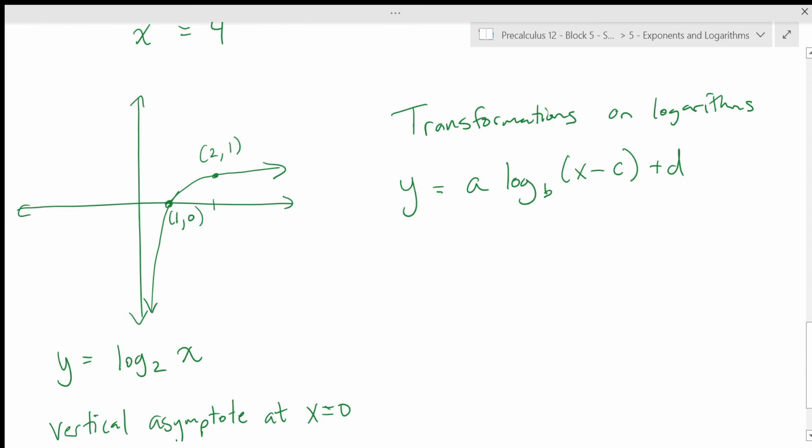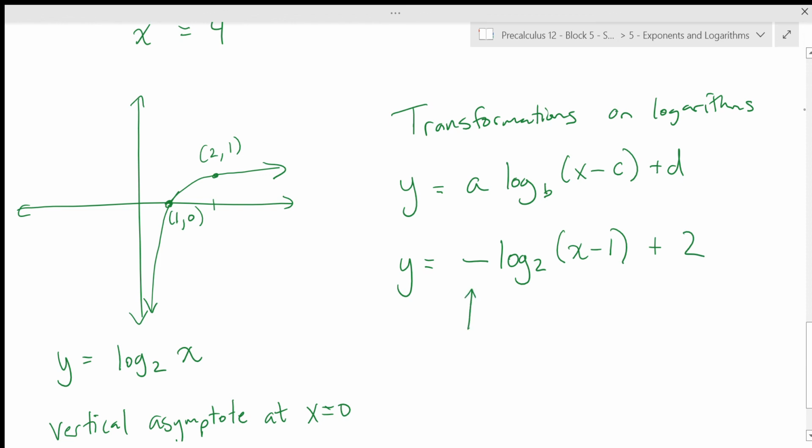So let's say we wanted to graph the transformed function y equals negative log base 2 of x minus 1, and then plus 2. We're going to use our log base 2 function that we have over here. Okay, so we're going to check our function.